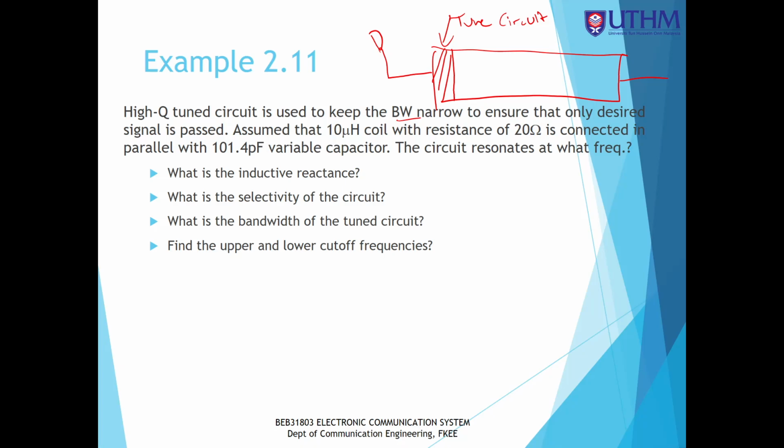Assume that a 10 microhenry coil with a resistance of 20 ohm is connected in parallel with the capacitor, 101.4 picofarad, variable capacitor. So calculate the parameters.